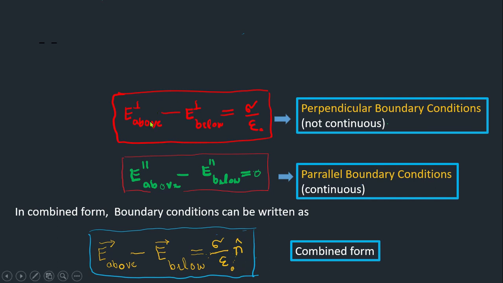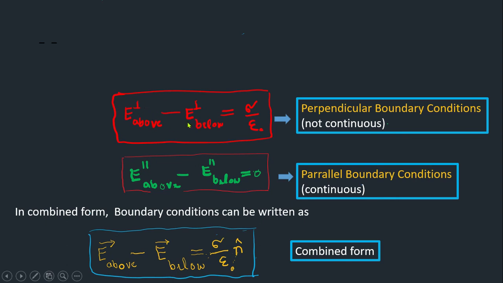To combine these two equations, we multiply this equation with n cap, because n cap is the vector perpendicular to the surface, and the direction of the electric field is also perpendicular to the surface.